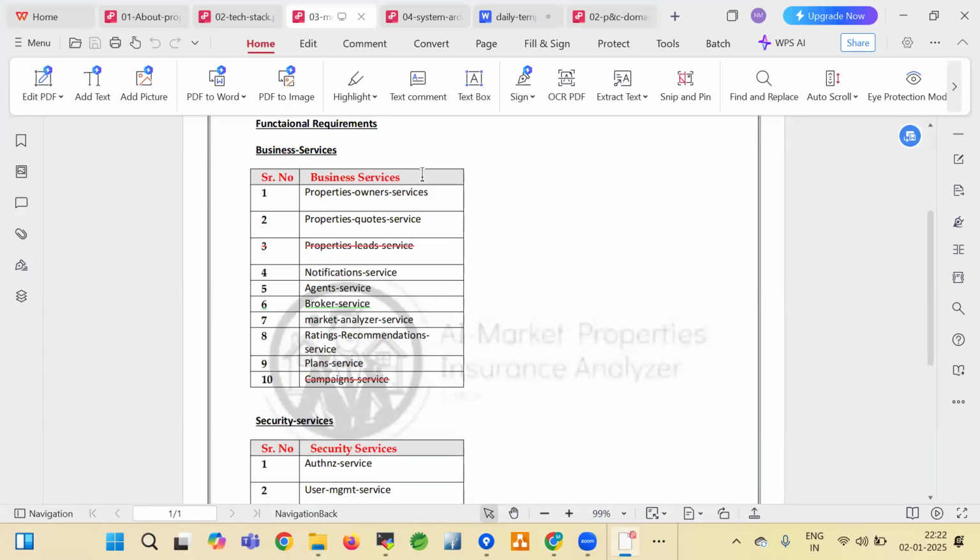Obviously, I'm going to implement the agent service functionality. In going-forward demos, I'll discuss the high-level designs of these services, like agent service HLD and broker service HLD, their functionality, their architecture and all. When I discuss the agent and the broker, you will get the complete picture of what the brokers can do.